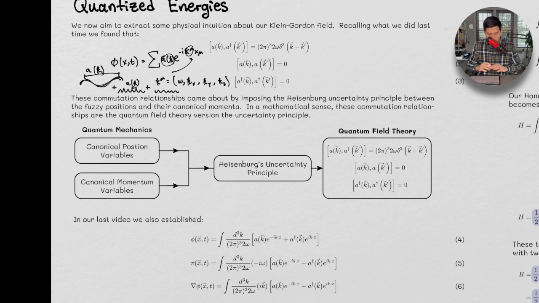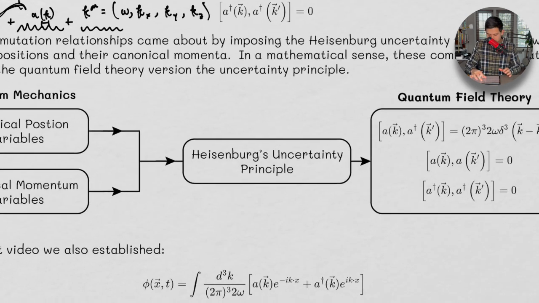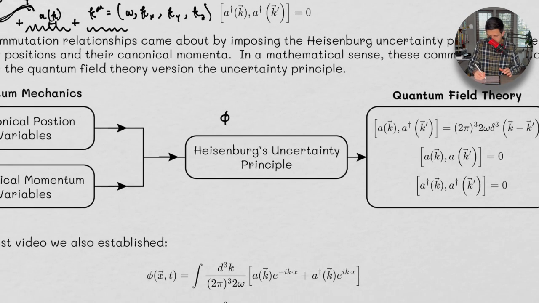So we went over this, but let's go over it a little bit again. In quantum mechanics, we have our canonical position variables, we have our canonical momentum variables, okay? We then applied Heisenberg's uncertainty principle, and essentially we had our positions, which were a function of x and t, and our canonical momenta, which were also a function of x and t, and we found the commutation relation.